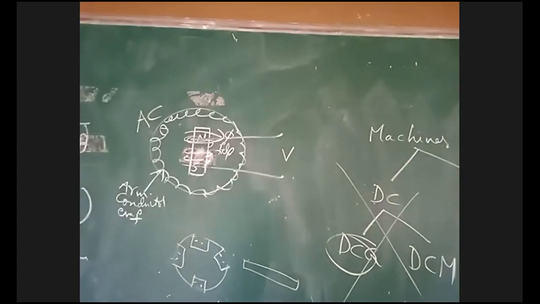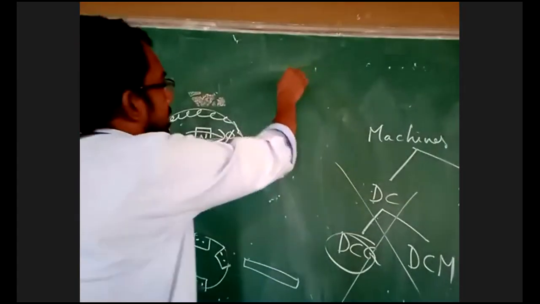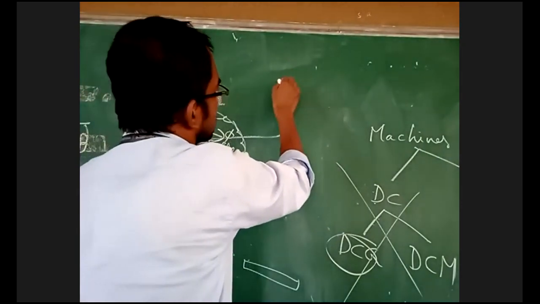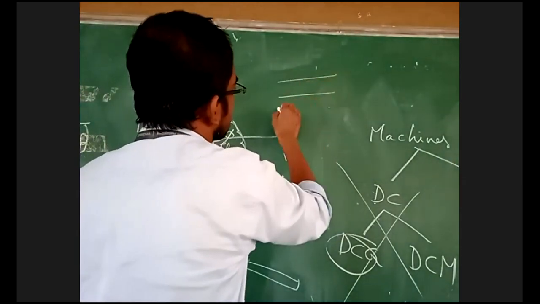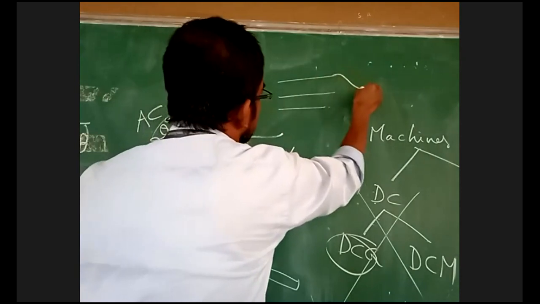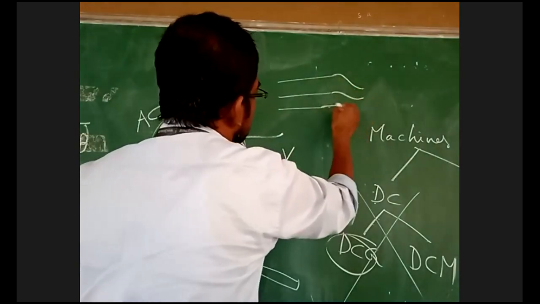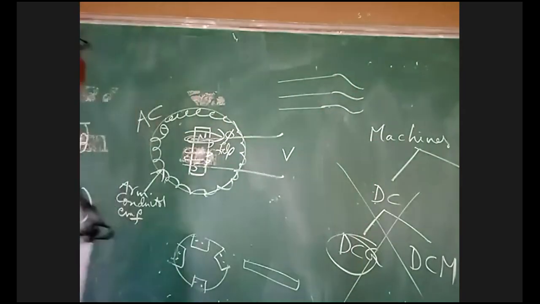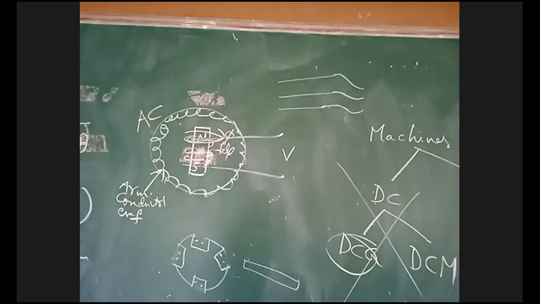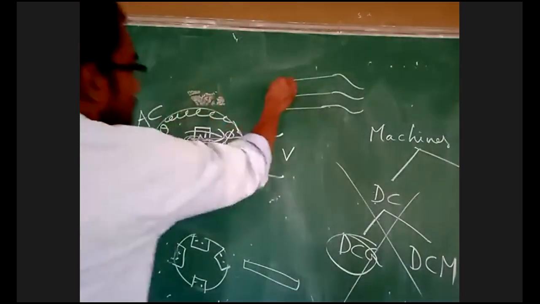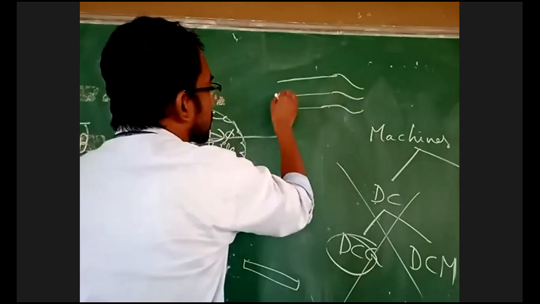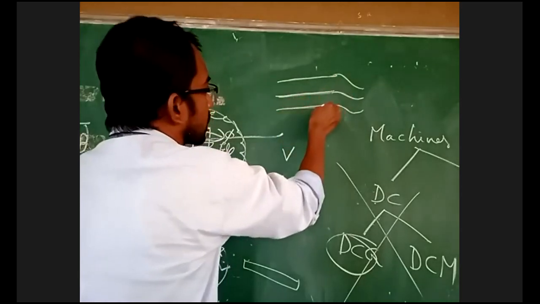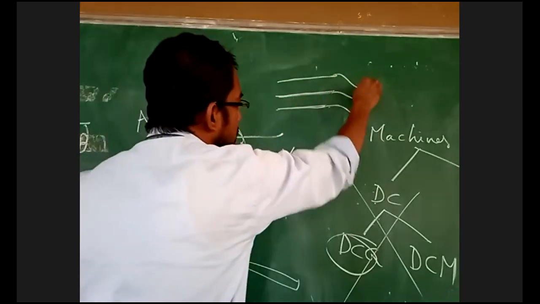See, I'm drawing. Is it visible? Three rods. These are the rotor bars.